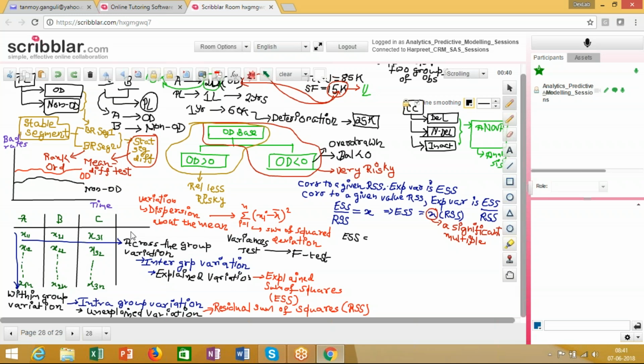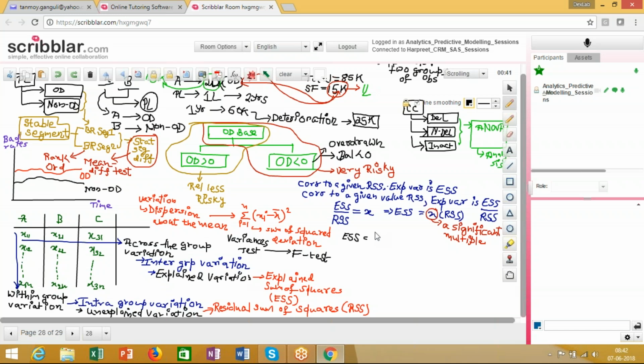So the mean for the first row will be, say, x bar 1 1. For the next one, it will be x bar 2 1, or say 1 1, 2 1, 3 1. X bar, okay. So it will be x bar dot 2.